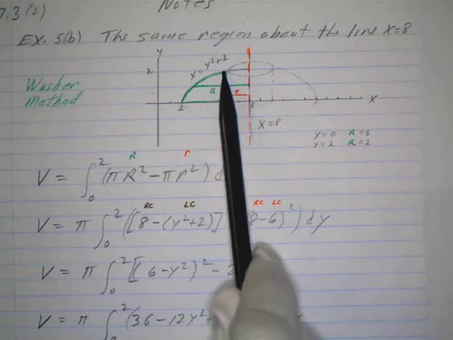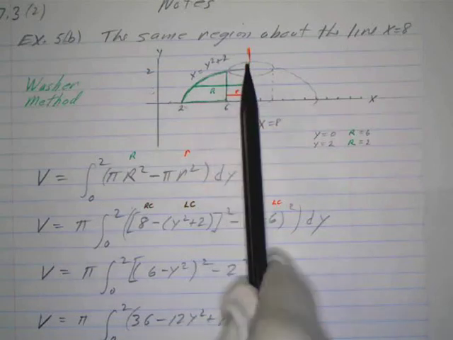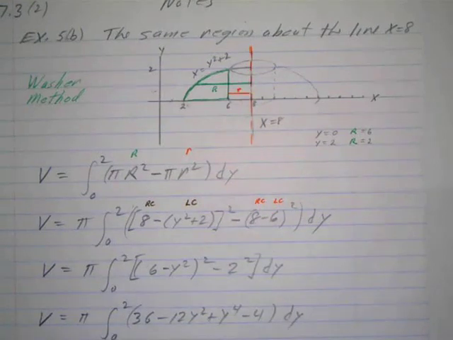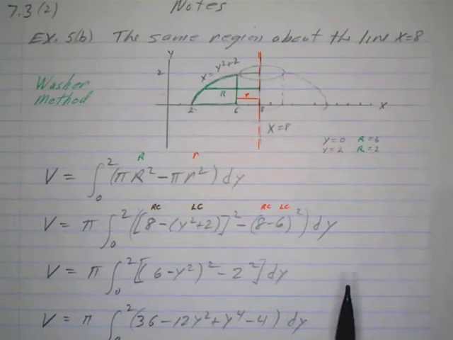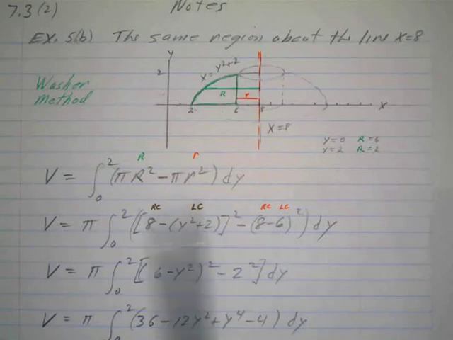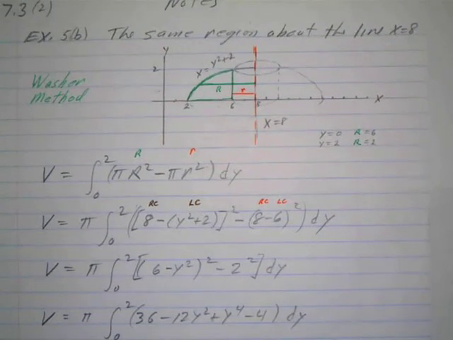That makes sense, because that's the distance this curve is from my axis of rotation. So everything checks out. Hopefully you see how we got this. The easiest way to do it is right curve minus left curve when we're using dy. It's top curve minus bottom curve when we're using dx.